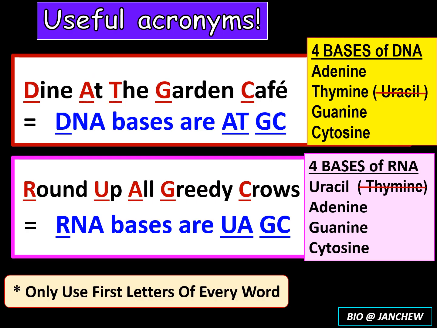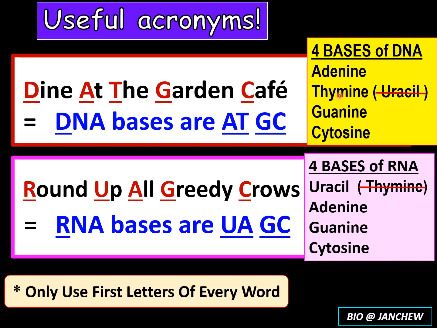I've thought up two useful acronyms that you can use to remember the 4 bases of DNA and the 4 bases of RNA. The 4 bases of DNA are adenine, thymine, guanine, and cytosine. Okay? And their symbols are ATGC. So there's no uracil in the DNA molecule.